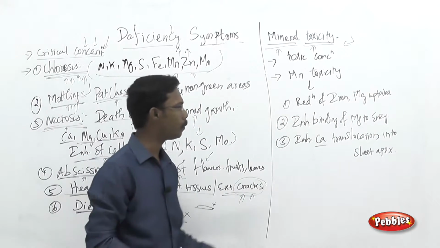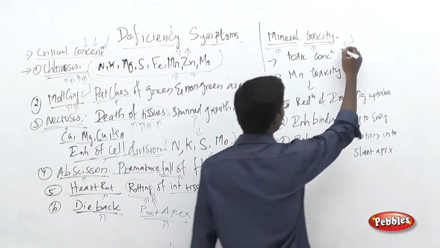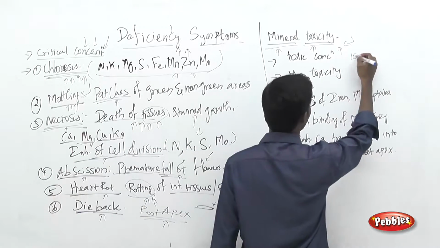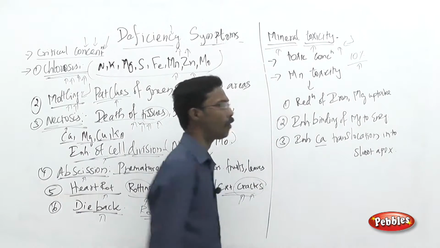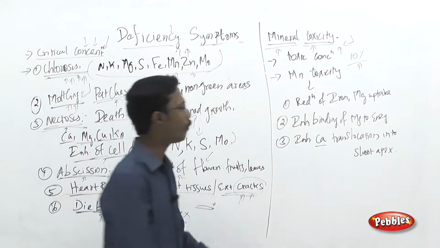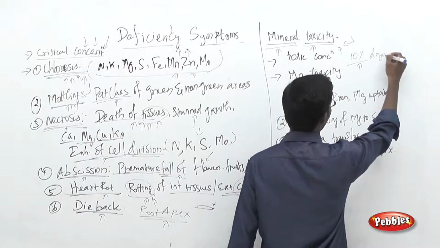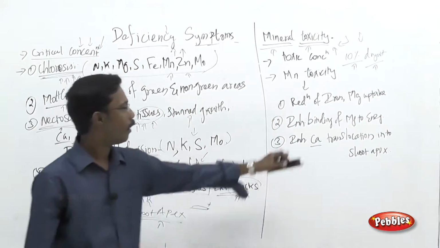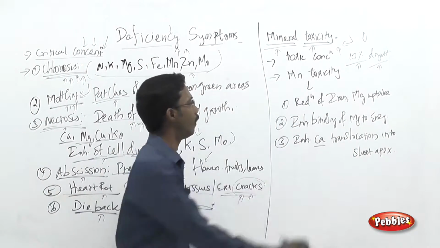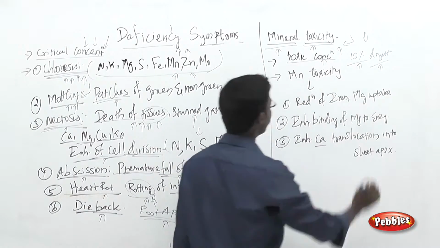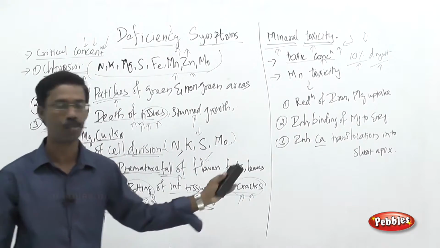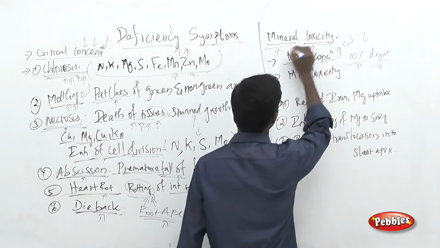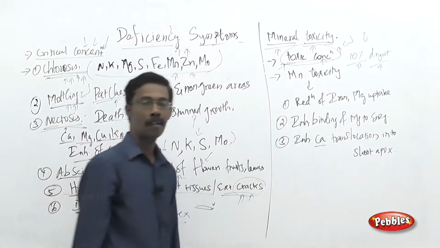As I told you, if the presence of a particular mineral reduces the dry weight of the plant by 10%, we call that concentration of the mineral a toxic concentration.